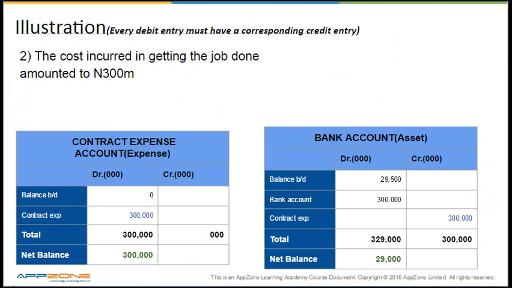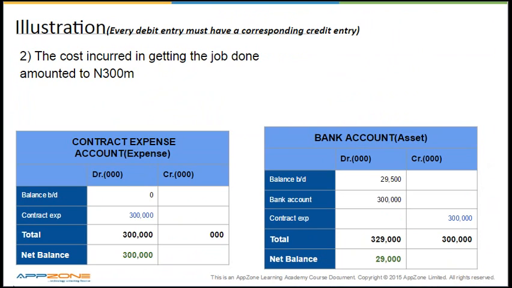So now we have a net balance on our expense account of a debit balance of 300 million, indicating that we have expended 300 million in executing this particular contract. Also, on our bank account, remember we had a balance brought down of 29,500,000.